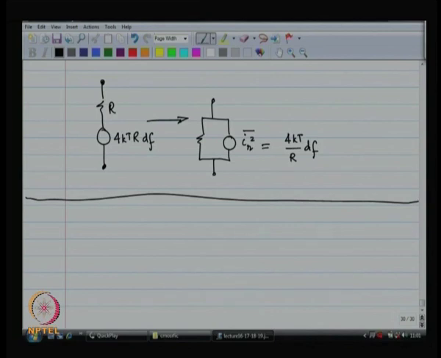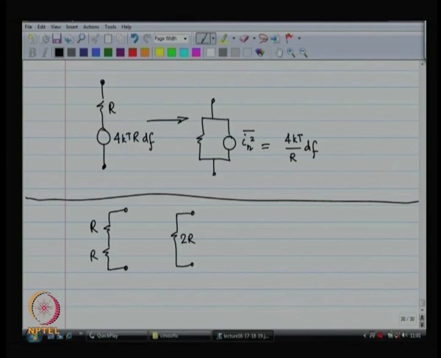Next step is what happens when you put two resistors in series. You should be able to replace two resistors R in series with one resistor which is really 2R. All right.